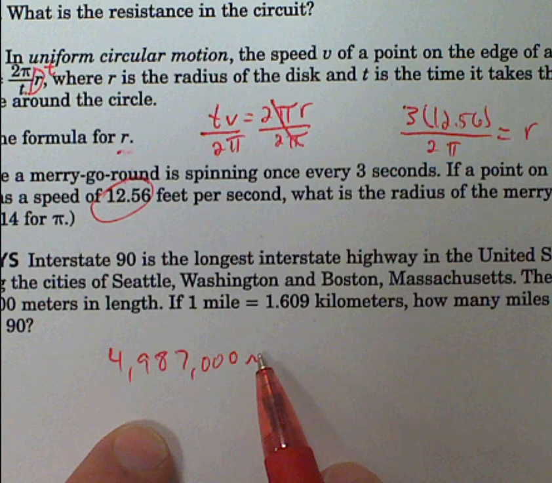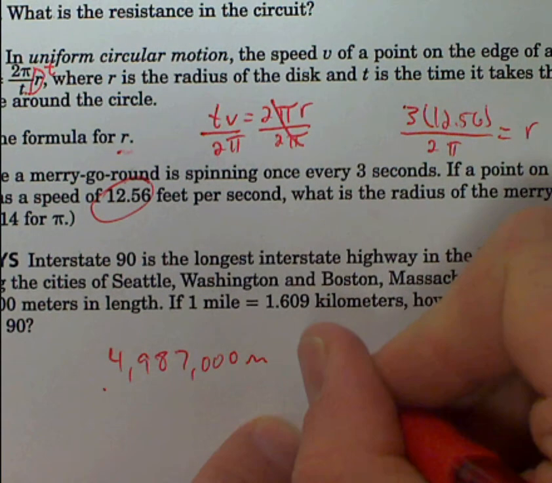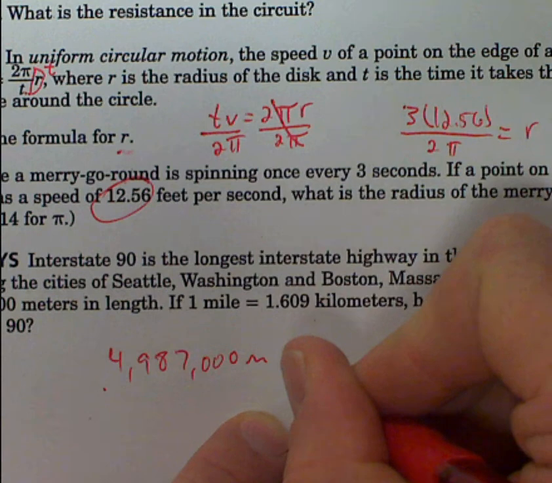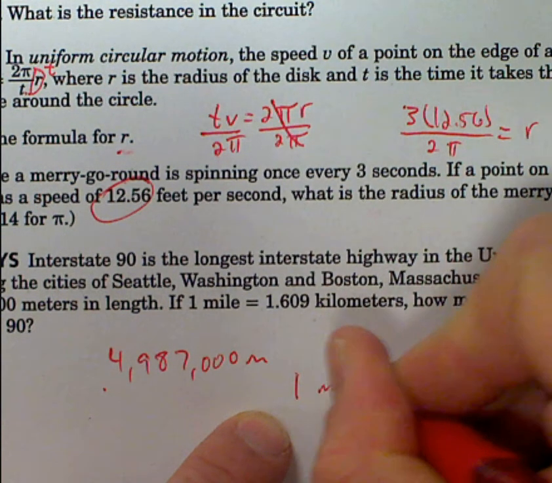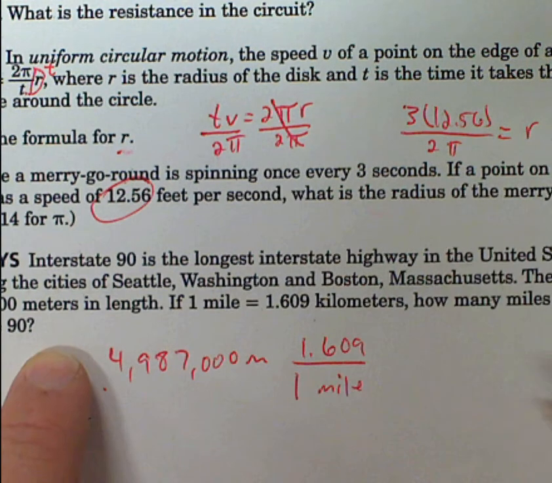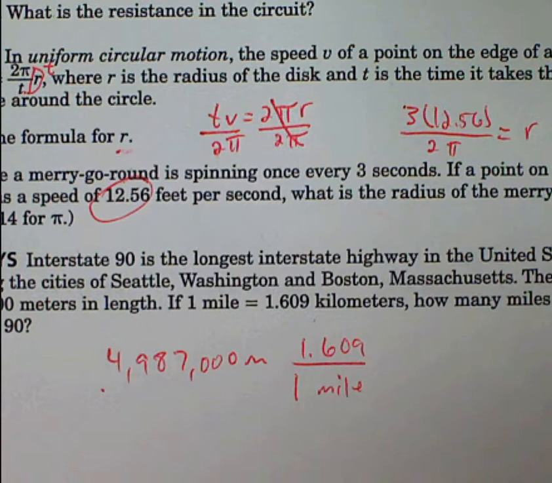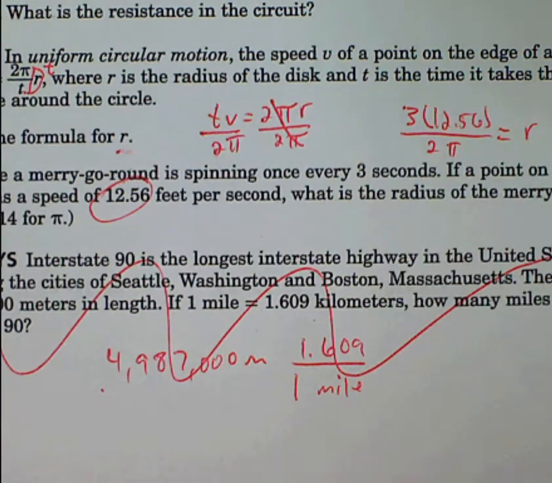And then it says if 1 mile is 1.609 kilometers. I haven't taught you this yet. They have meters, kilometers. I'm not doing that with you guys just yet. Go ahead and not do 17 at the bottom.